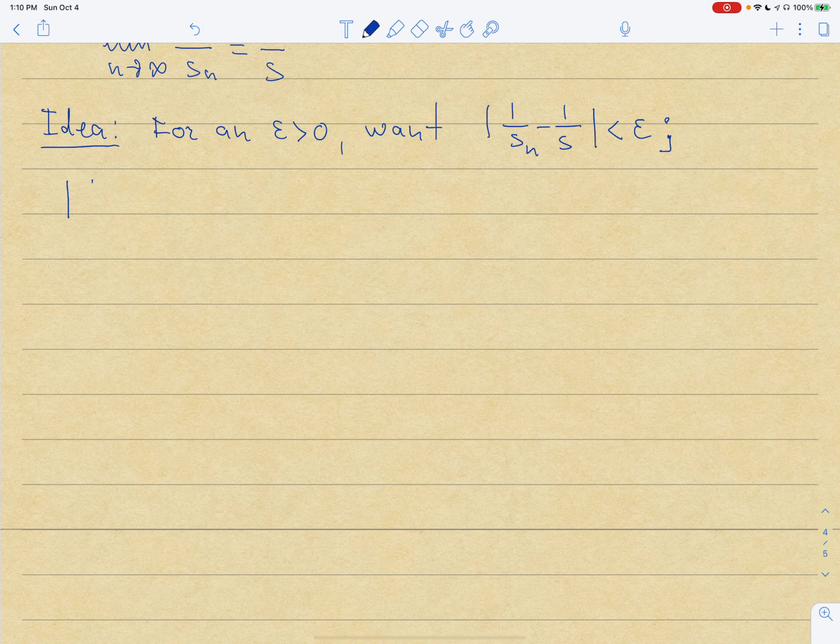So the absolute value of 1 over Sn minus 1 over S is going to be the absolute value of S minus Sn divided by Sn times S, absolute value. And of course, I can then distribute absolute value between different terms in the product and in a ratio.